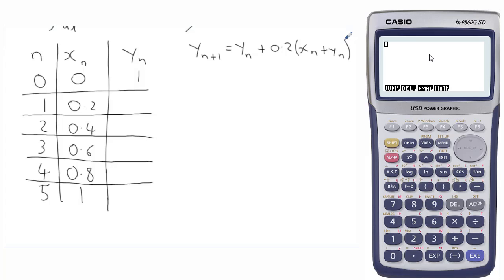So to calculate y1, when n is 1, it's going to be y when n is 0, which is 1. Let's finish this table off. So it's going to be 1 plus h, 0.2, times x plus y, which will be x0 plus y0, so 0 plus 1. Let's extend the table some more.